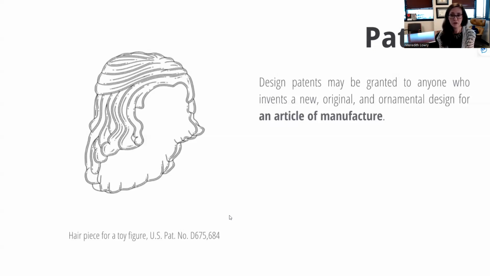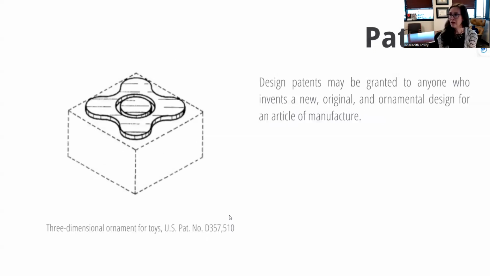If you call a lip injector pen something other than like a crayon, it's going to get judged against crayons. It's not going to be able to be infringed by other lip injector tools, which is an actual case that came up. So this is this hairpiece for an article of manufacture.